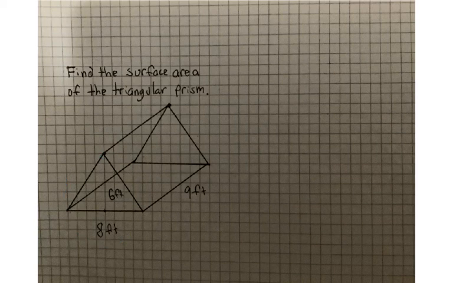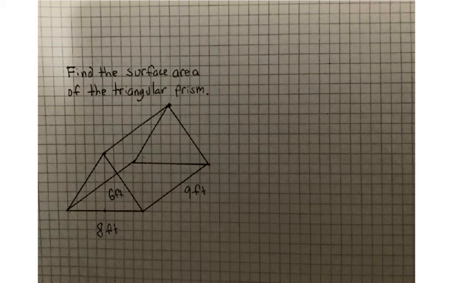An isosceles triangle would usually indicate that this one, this one, and this one are the same, and this one would be different. Okay, that would be isosceles. You may remember the definition of isosceles is that two of the sides are the same. So we're going to look at this one as an equilateral triangular prism.